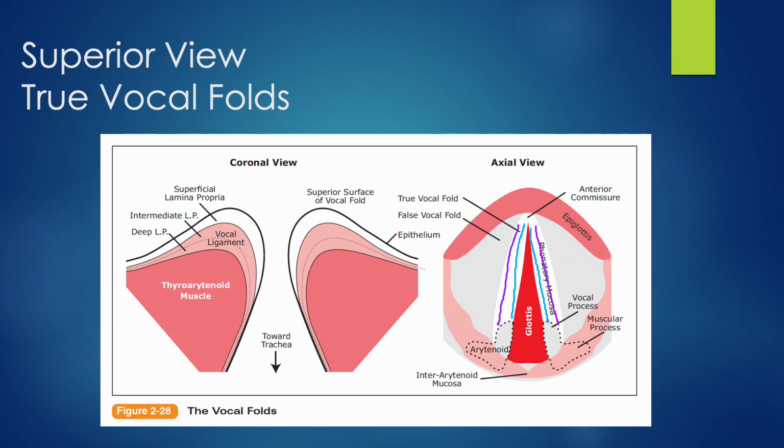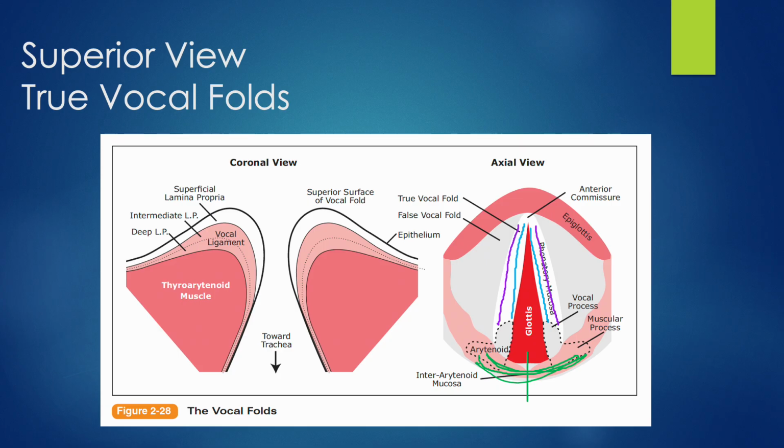We were talking about abduction and adduction, so these vocal folds are abducted because you can see the glottis. Now, when we want to phonate, the transverse arytenoideus muscles, they run horizontally, contract first, pulling the bases of the arytenoids to the midline, right?